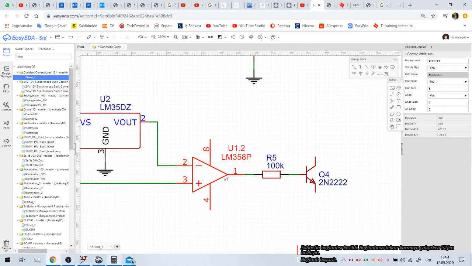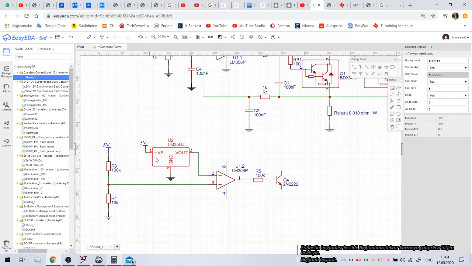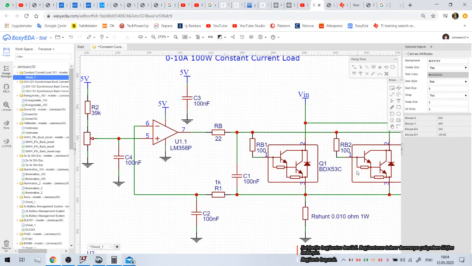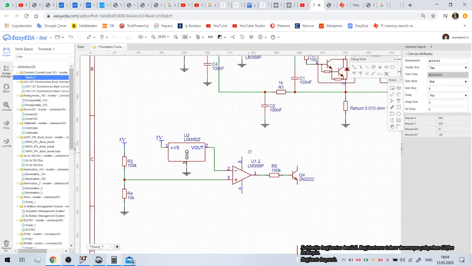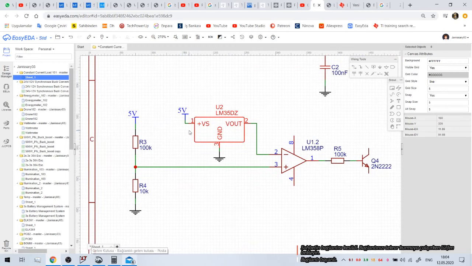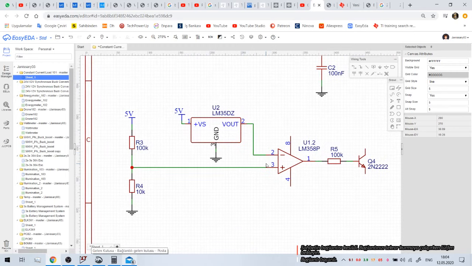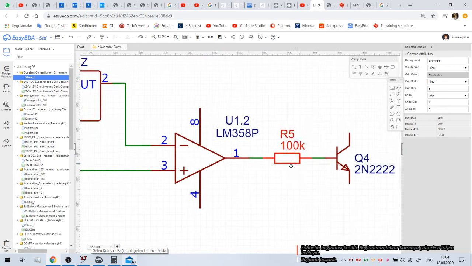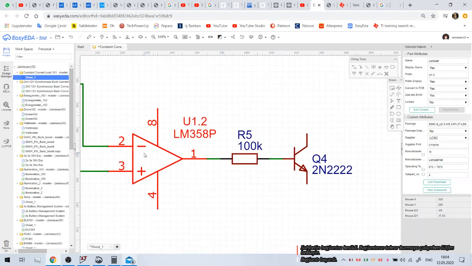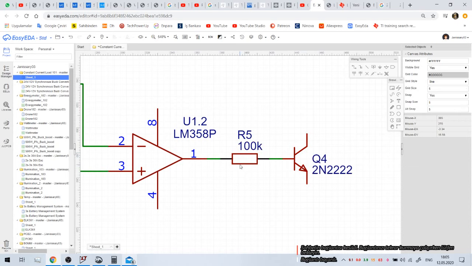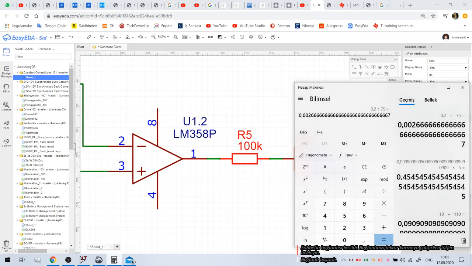We don't need precise calculation like this, we are only using it in a converter configuration. Not important. If there is 3.3 volt, and this one has 1.3 volt here, a 2 volt voltage drop is needed across these resistors.